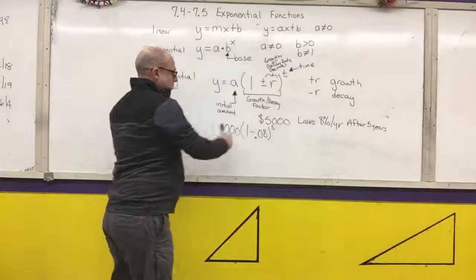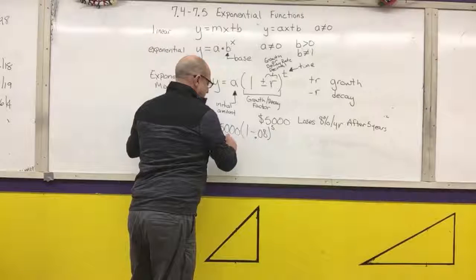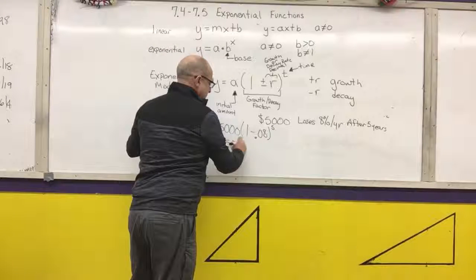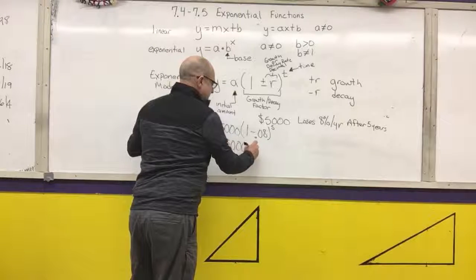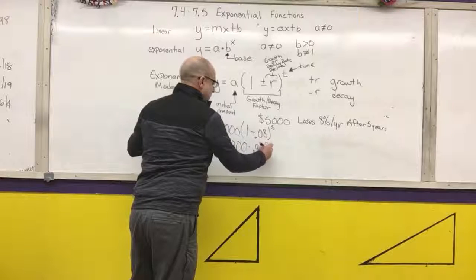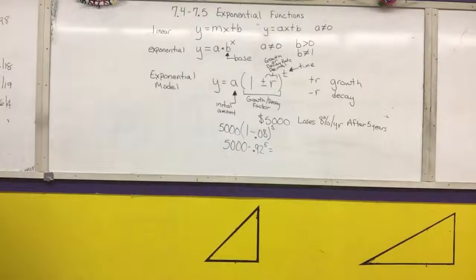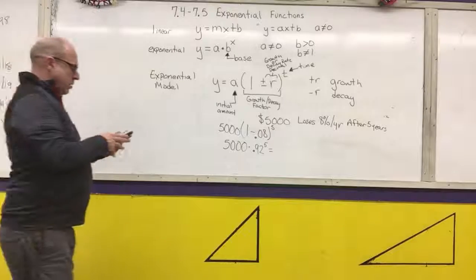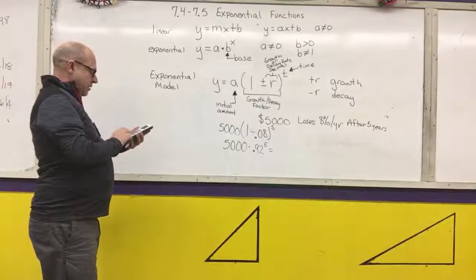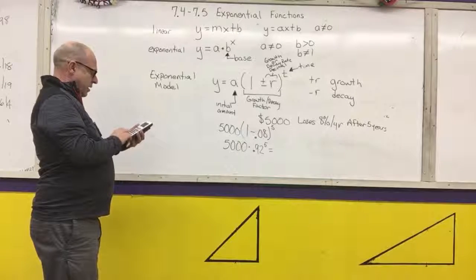Okay? I'm going to do the 1 minus 0.08, so I get 5,000 times 0.92 to the 5th. And I stick that into the calculator, so I get 5,000 times 0.92.